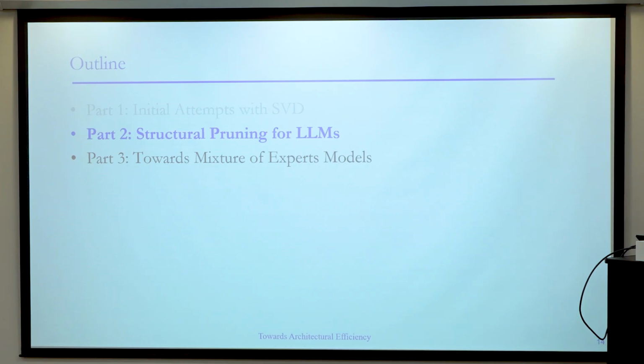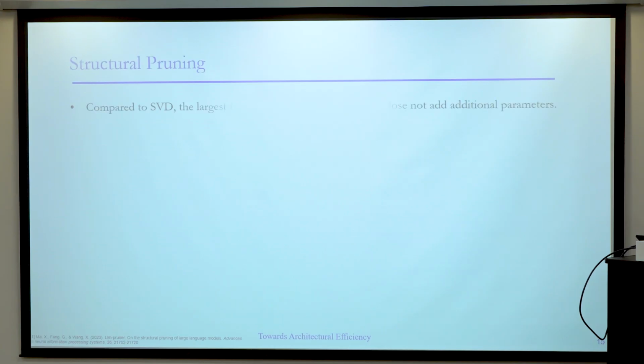So facing this problem, we also try to further solve it by using the structure pruning method. Compared to the singular value decomposition method, the largest benefit of structure pruning is that it does not add additional parameters.